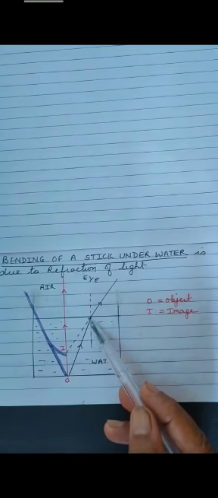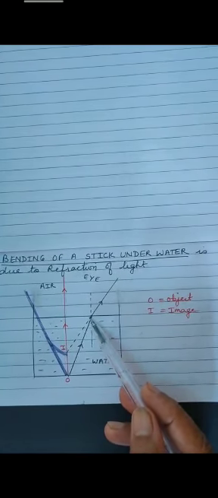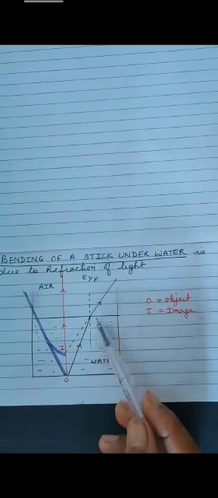Now the second ray will again start from point O and will show the ray incident at some other point on the surface of separation. Please remember, in actual, this point is very close to the first point where the ray of light is incident. But for drawing the ray diagram, we are showing it apart.